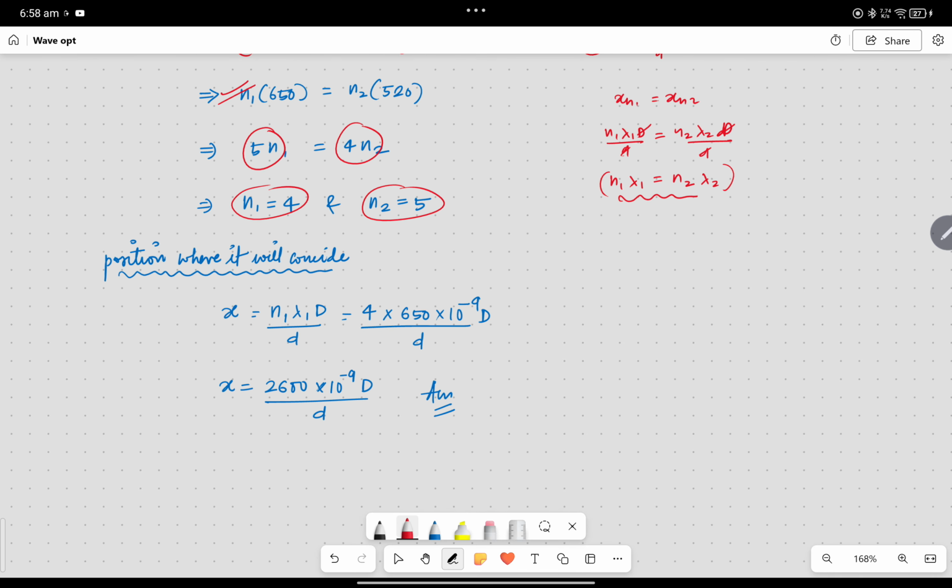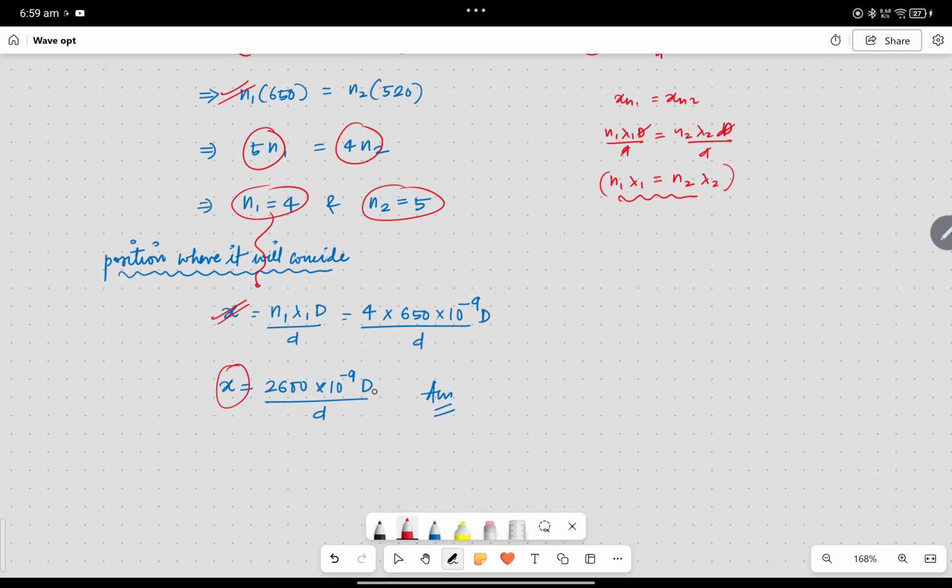You can either use the value of n1 or calculate with n2, both will give the same distance. So I have calculated here xn1, that is n1 lambda 1 D by d, that is 4 into 650 into 10 to the minus 9 D by d.